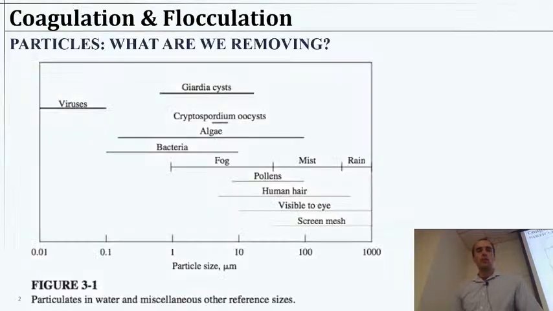All right, so let's talk a little bit about particles and what size we can remove without coagulation, just as it is, and then what maybe we can remove once we do this enhancement, causing them to stick together. If we think of a size scale, where we have particle size on the x-axis in micrometers, we can go up to 1,000 micrometers here.